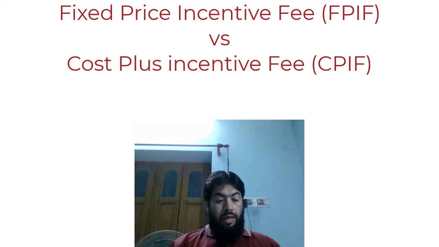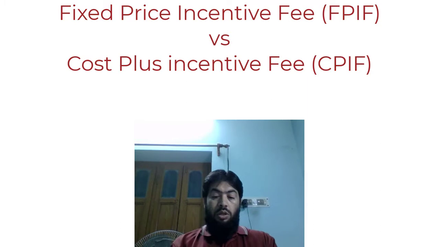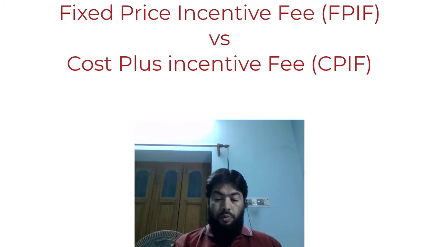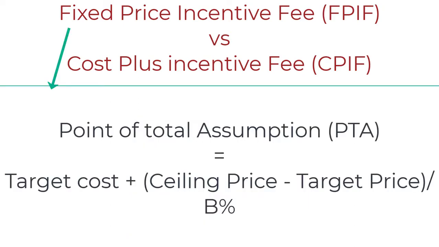Now, another important term that I would like to tell you is point of total assumption. Point of total assumption is a term for fixed price. It is not for the cost plus incentive fees.